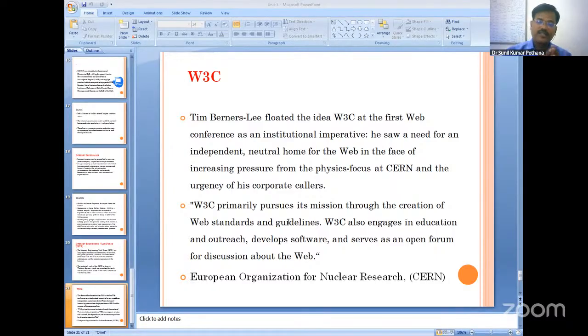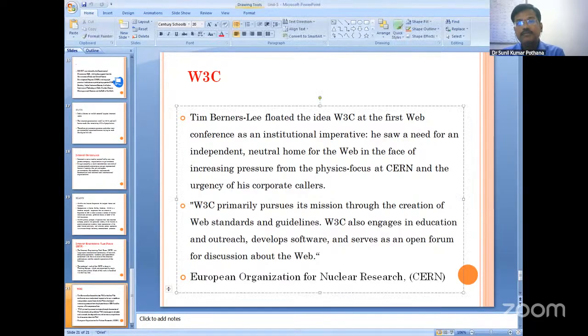And also we have discussed some technical terms and some major concerns related to internet governance and some organizations. We will go with another unit.